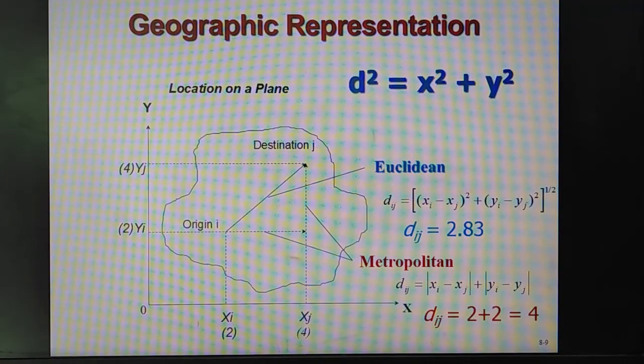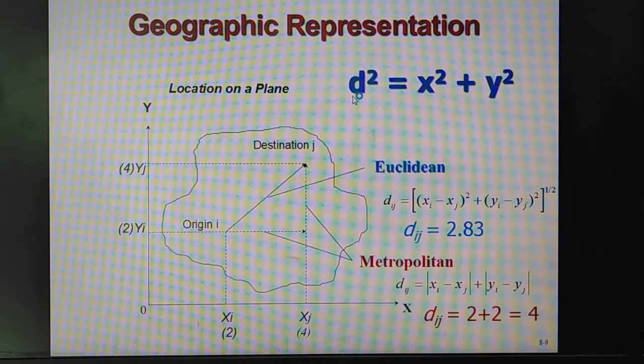Now, in considering the geographical location representation of distance, in mathematics, it is normally represented by the Pythagoras theorem formulation, which is d squared equal to x distance squared plus y distance squared.